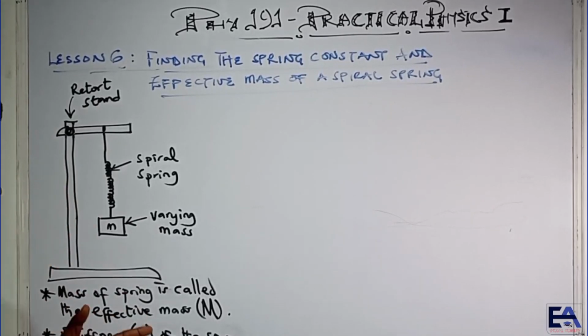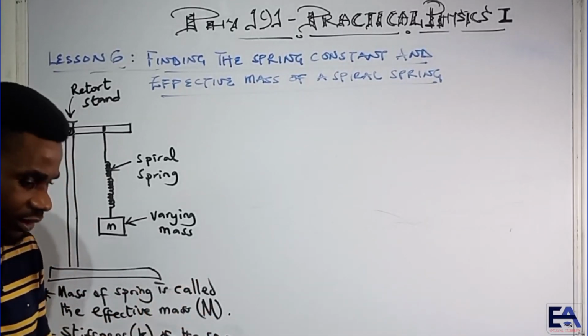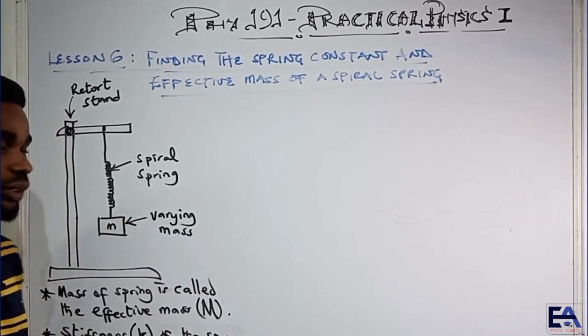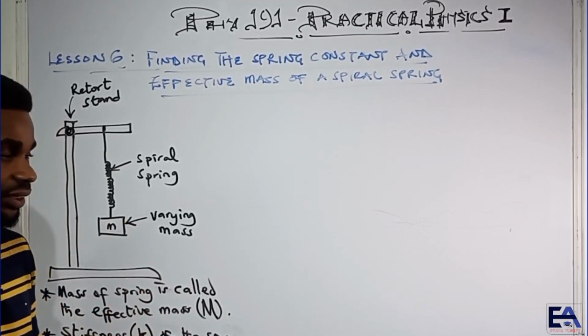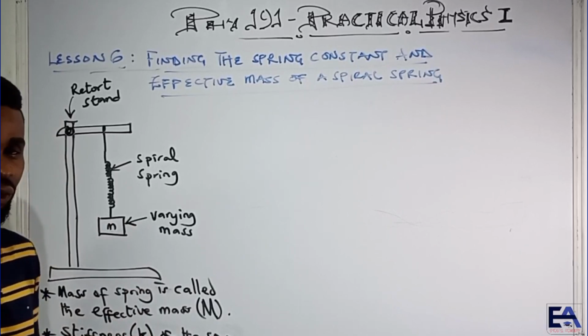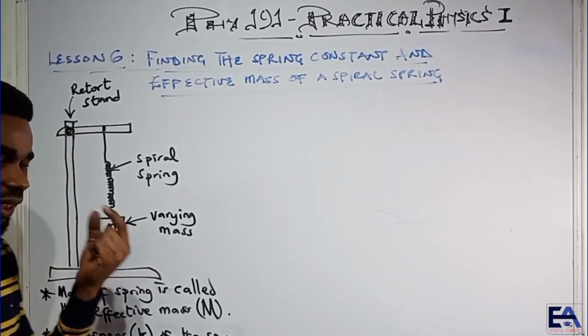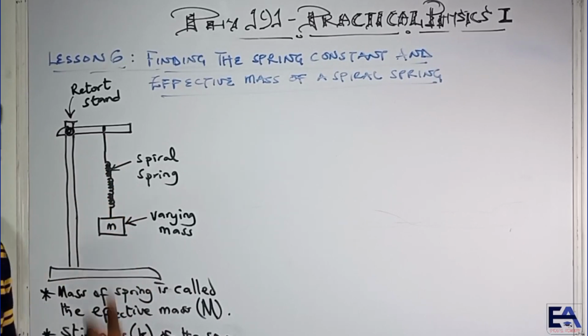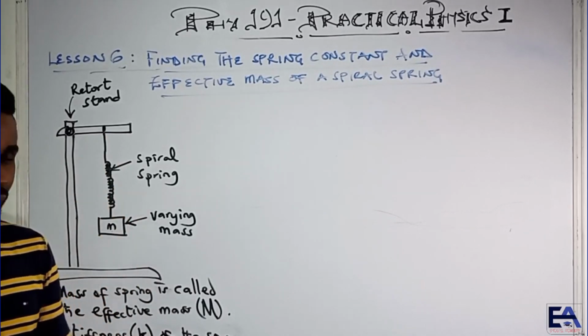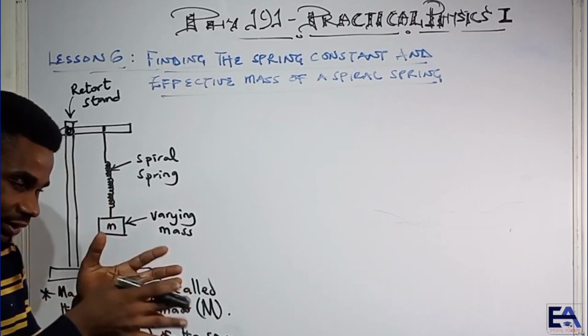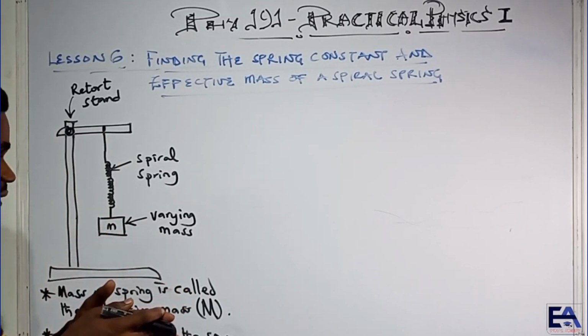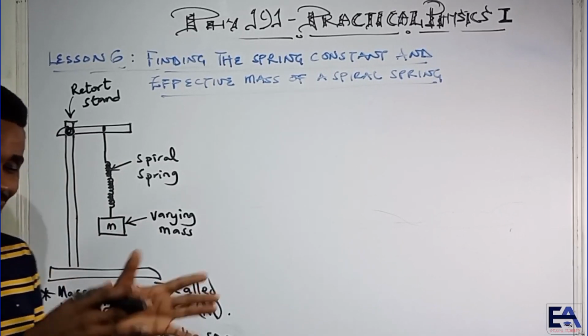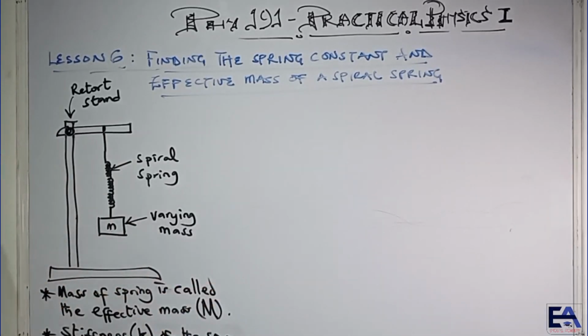Obviously, the more mass we add, the slower the oscillation. When it is carrying only a little mass, it will oscillate faster. This is beginning to tell us that the graph is probably going to be a negative graph. Let's see how it goes.